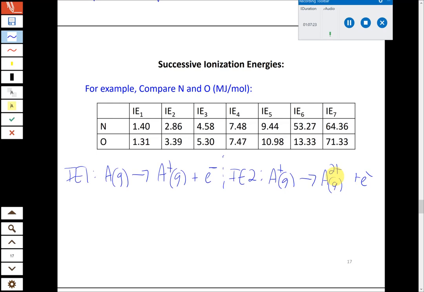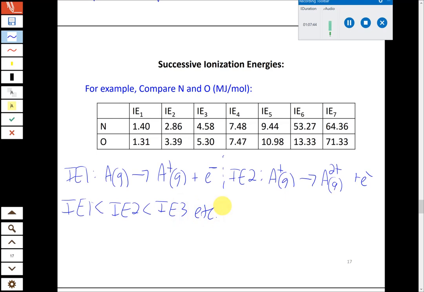Okay? So what's always going to be true is that as we remove more and more electrons, the ionization energy gets larger and larger. Basically, as you create a positive charge, it becomes more and more difficult to remove an additional electron. So you're always going to have this trend. They're always going to increase as you go from 1 to 2 to 3 and so on.